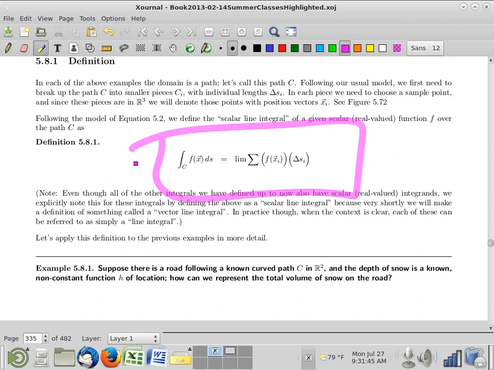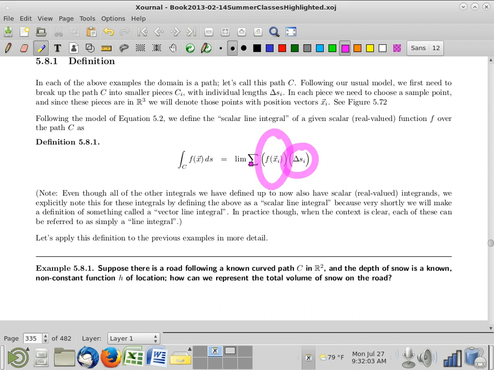Namely, it's still the case that I'm adding up the answers to a bunch of smaller questions. In each case, on each little smaller piece, I'm going to be multiplying the size of that piece, which is still length, because it's still a one-dimensional domain. I'm going to be multiplying that by some function for whatever reason. Maybe I'm multiplying mass per unit length times length. Right?